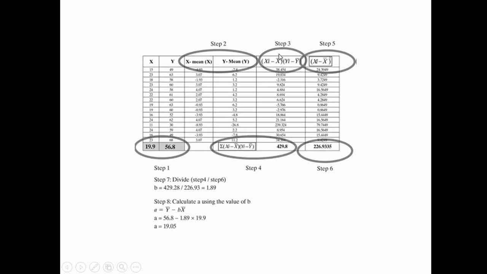Step 3, we are computing the x mean subtracted from xi and the y mean subtracted from yi. Step 4, we are computing the sum of xi minus x bar into yi minus y bar. Then step 5, we are computing xi minus x bar whole square. And step 6, we are calculating the total sum of xi minus x bar whole square.